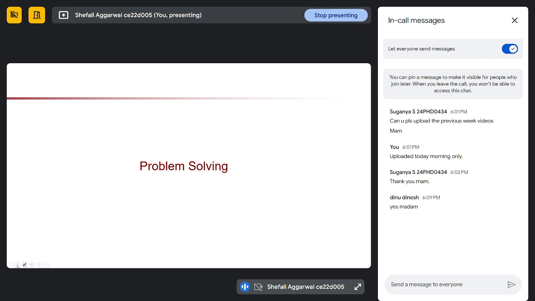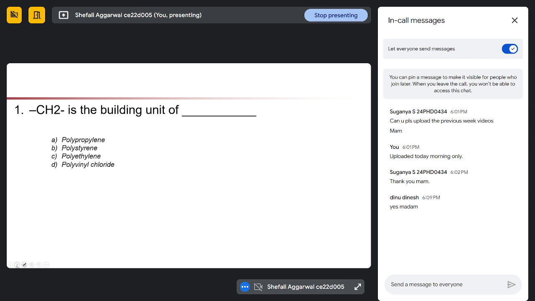If there are no doubts, then we will see some question answer. CH2 is the building unit of polypropylene, polystyrene, polythene, polyvinyl chloride. That we have seen in the first lecture itself. Any guess?